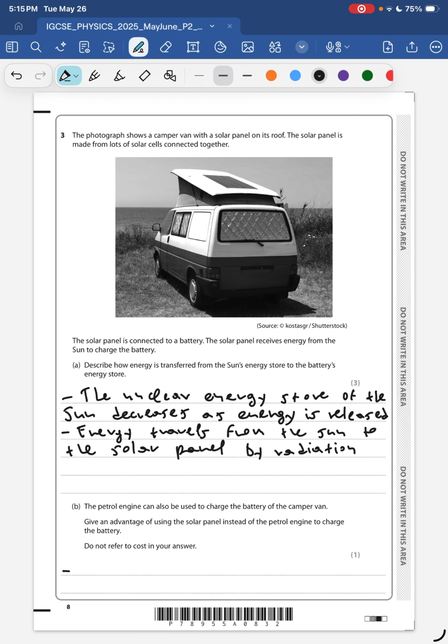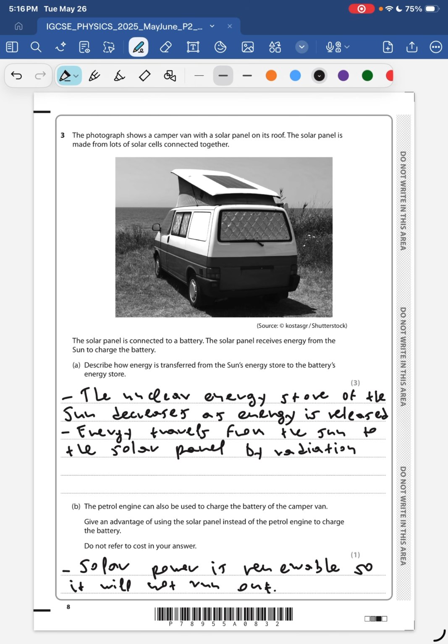The first thing we can write is that solar power is renewable. I mean, it's not really renewable. After 5 billion years, it's going to run out anyway. But 5 billion years is a long time, I guess. So solar power is renewable, so it will not run out. We say it's not going to run out, but now I gave you the spoiler. It's going to run out eventually as well, but in 5 billion years.